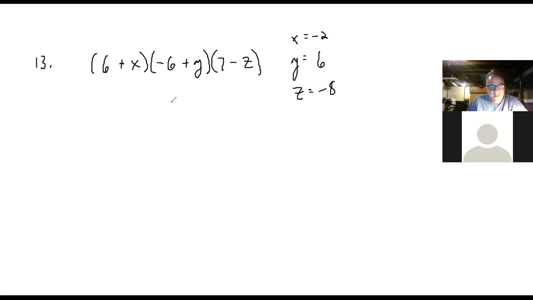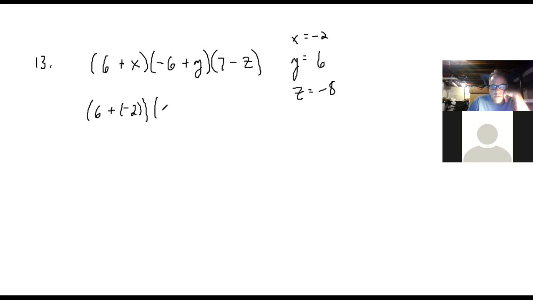But x is -2. So that is 6 plus -2. I don't need these two parentheses per se, other than in place of the x, I put parentheses, and inside the parentheses, I put whatever I was substituting in for x. It's just for clarity. Okay.